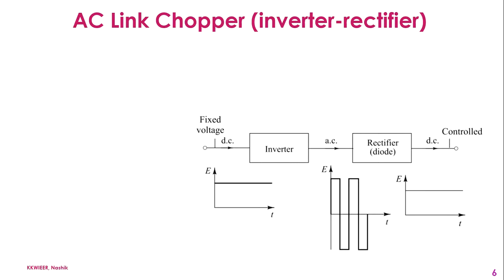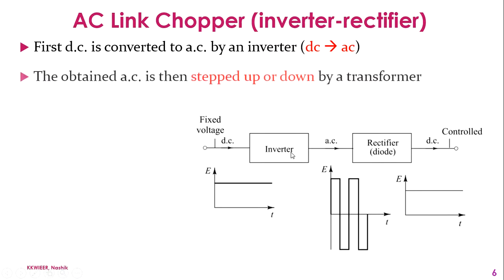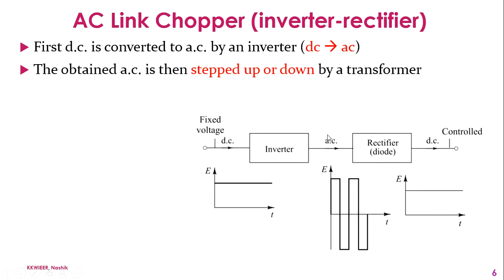Talking about the AC link chopper, that is an inverter rectifier combination, this is a block diagram for that. First the input DC is converted to AC by using the inverter block. Then the obtained AC is stepped down or stepped up using a transformer.